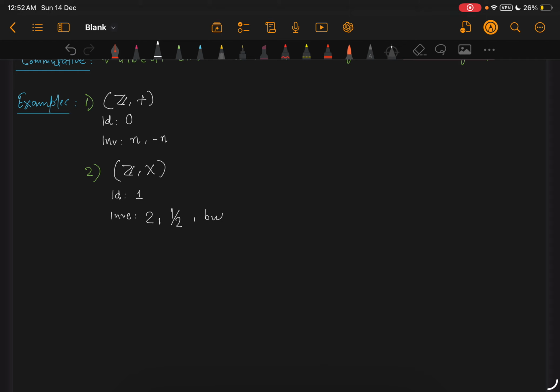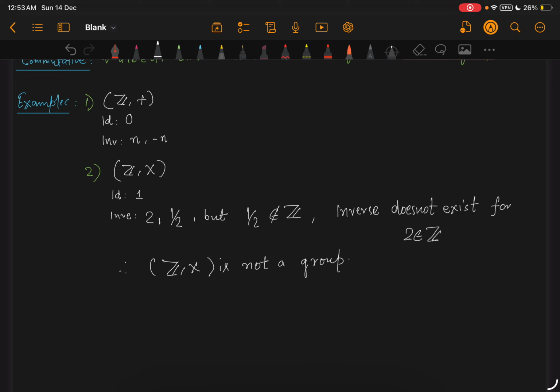But 1 by 2 doesn't belong to Z. We don't have an inverse for 2. The inverse doesn't exist for 2 in Z. Therefore, Z is not a group.